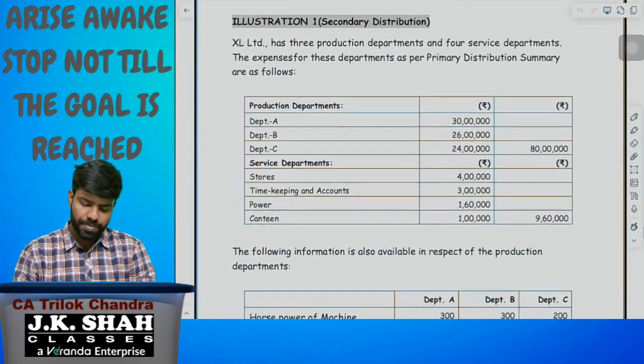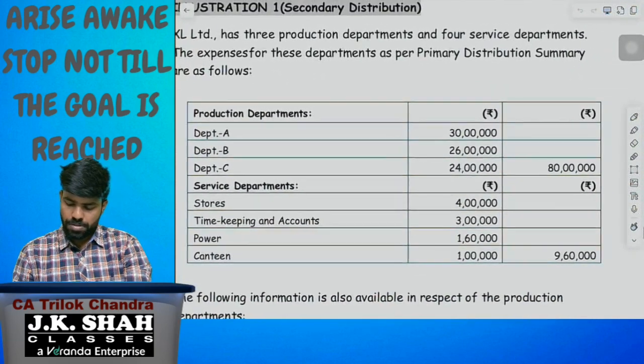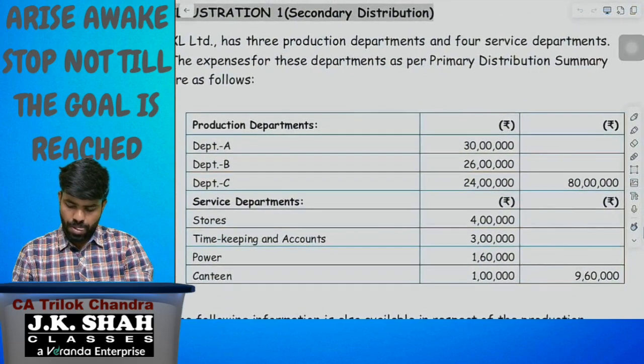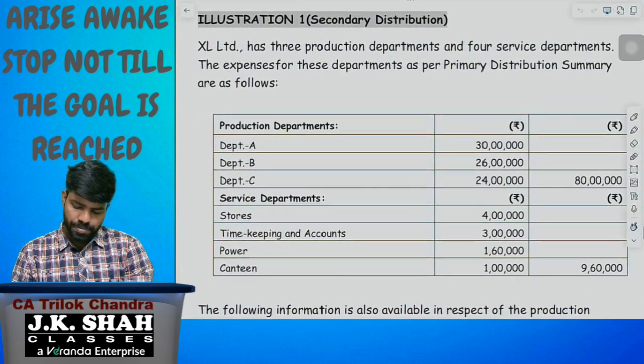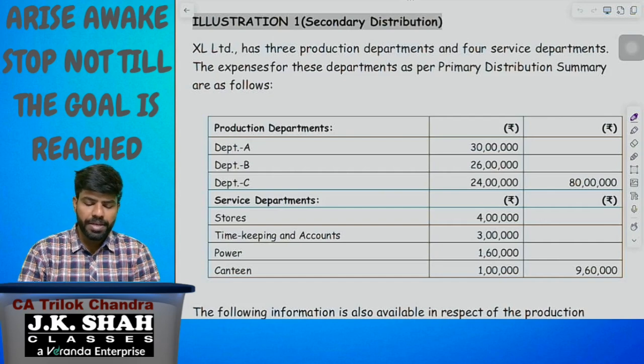Okay, question number 1. Look at this. Now, Excel Limited has 3 production departments and 4 service departments. The expenses of these departments as per the primary distribution summary are as follows.